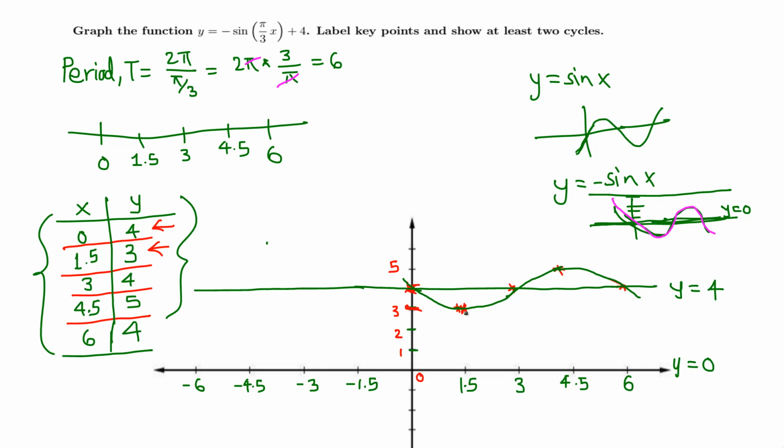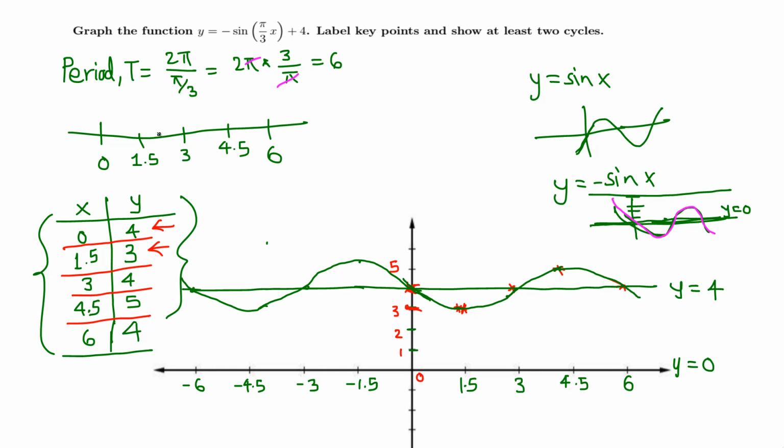At 1.5 it was down, now we go up, back to 0. It was up, so it will be down, and back to 4. So we just extend this graph. Let me erase here. Now you got the idea.